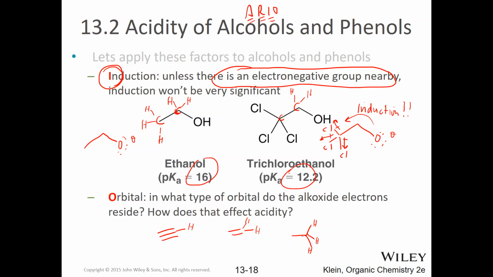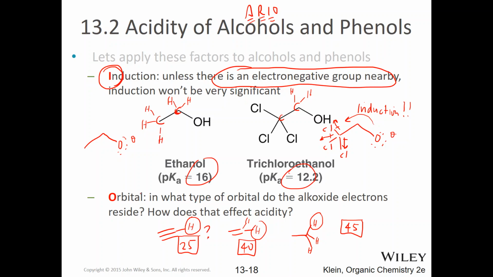Okay, so the pKa of this hydrogen is about 45. The pKa of this hydrogen is less, maybe 40. The pKa of this hydrogen is 25. What? Are you serious? The pKa of that hydrogen is 25?